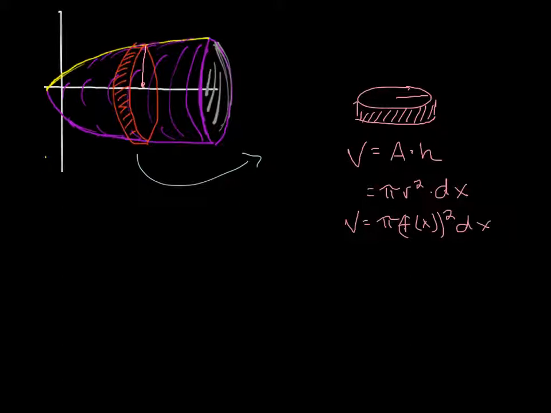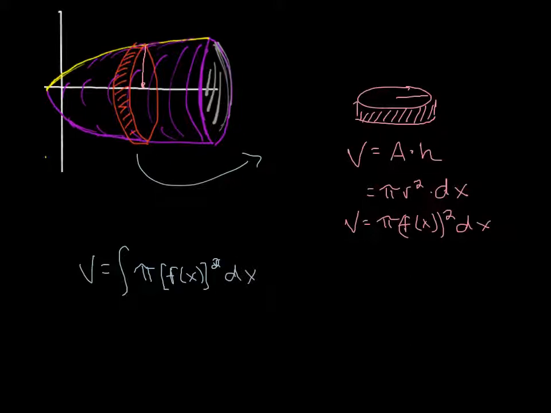So basically, when we talk about the summation of area or volume, we're going to be using the integral. The integral of our equation is going to be pi times f of x squared, which is going to be our radius squared, times our dx.